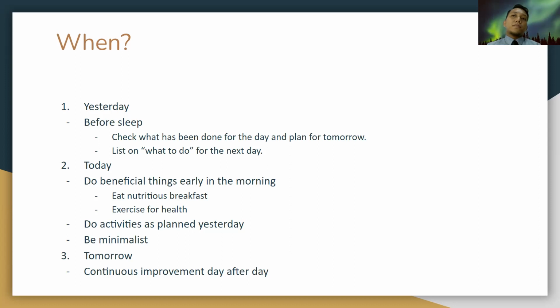Thirdly, for tomorrow, we go back to number one, check what has gone wrong or does not go smoothly, and change a bit by bit so that improvement can be made.